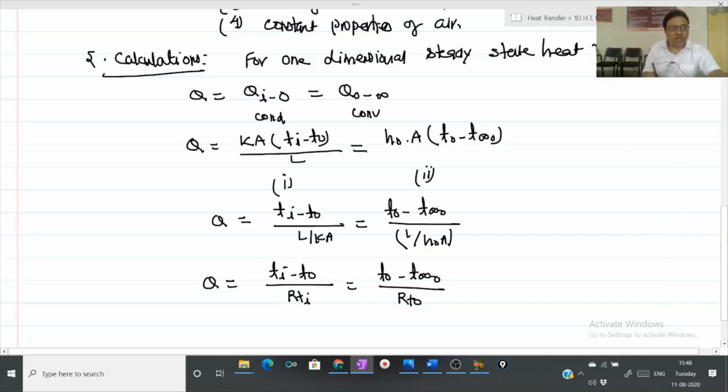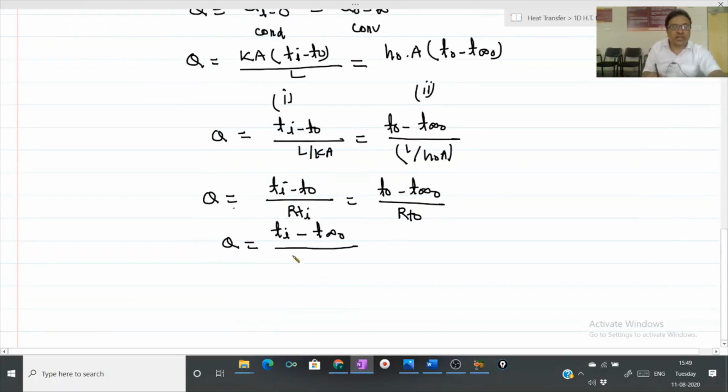If I want to write the rate of heat transfer equation in terms of bottom surface temperature of ice layer and temperature of air film, then I can write it as (Ti minus T infinity) over (R_ice plus R_air). So this is equation number 1, equation number 2, and this is equation number 3.